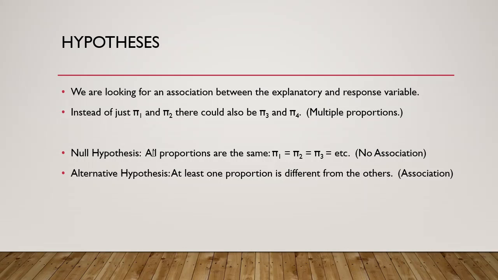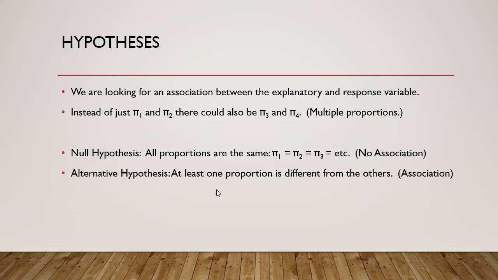Well, now we have to say that all the proportions are the same. So if there's no association between the explanatory and the response variable, then the proportion of success for each of those possible choices in the explanatory variable should be the same. So pi 1 equals pi 2 equals pi 3 equals, etc., depending on how many choices there are for the explanatory variable. You know, freshmen, sophomores, juniors, seniors, etc.